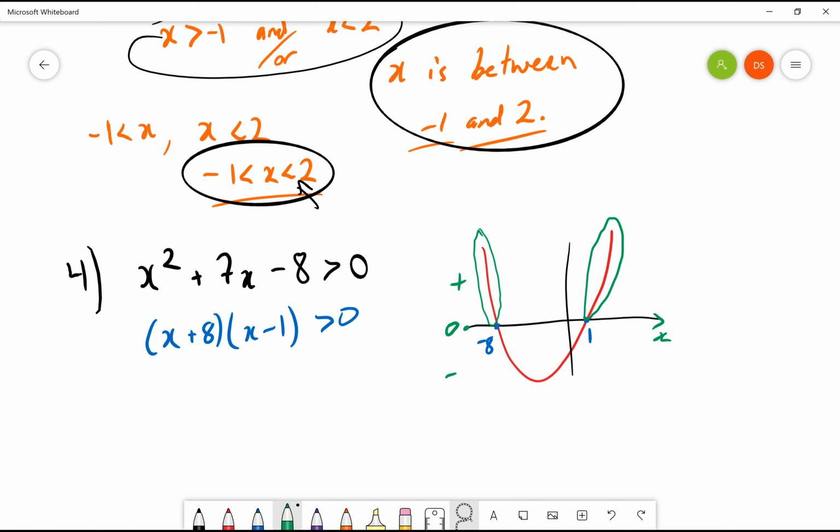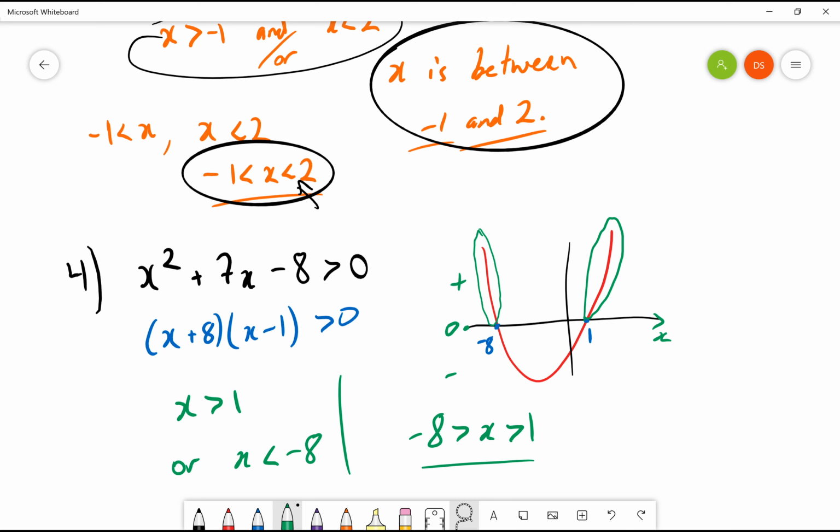once again, Annie, yes, it's going to be x is greater than 1 and let's use or x is less than -8. Now, Mr. Singers, I like the fact that you've written this. You said that -8 is greater than x and x is greater than 1.